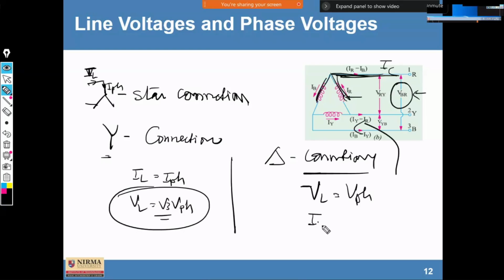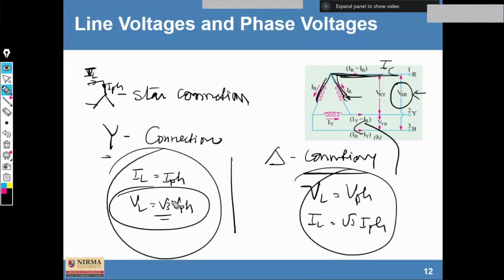So IL is equal to root 3 times IPH. Okay. Out of these four relationships, there is no need to derive the equations for the two simple equations. But the VL equal to root 3 VPH equation will be derived for star connection, and the IL equal to root 3 IPH equation will be derived for delta connection in the next lecture.